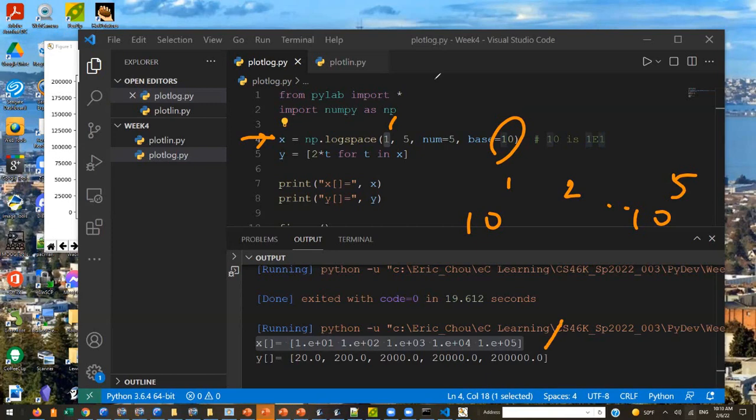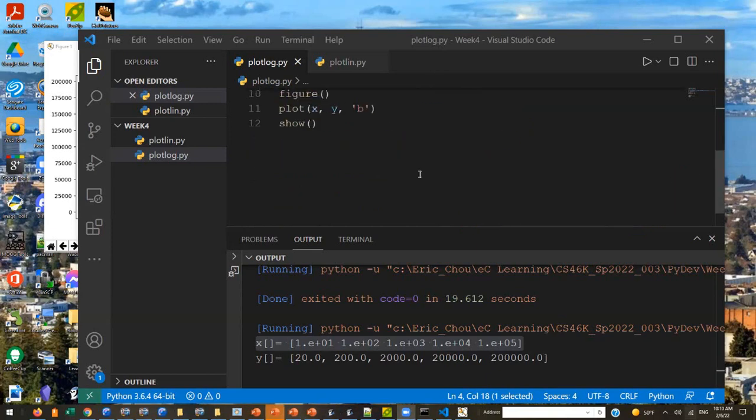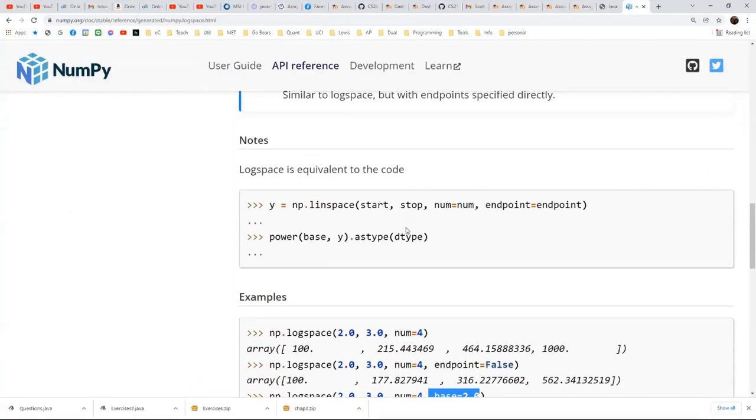Y is double, but at this moment your chart is still a linear chart. When you do plot, it is a linear space chart. So let's look at a different way of plotting it.